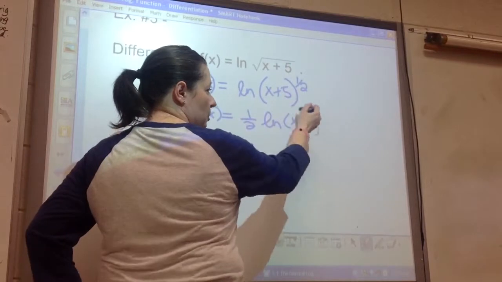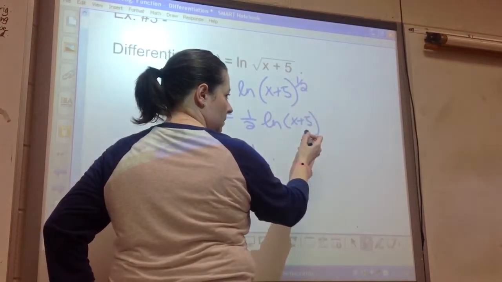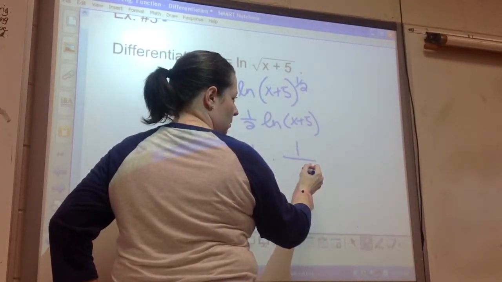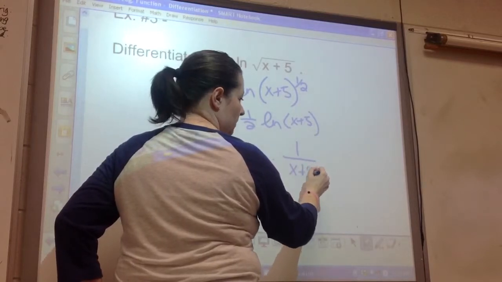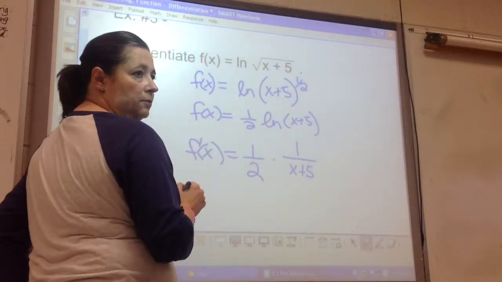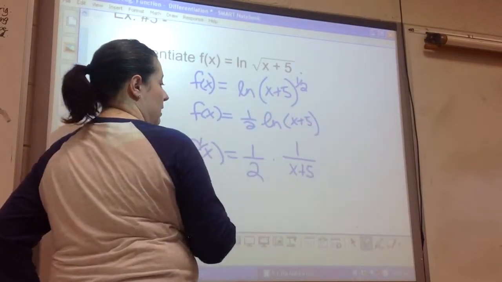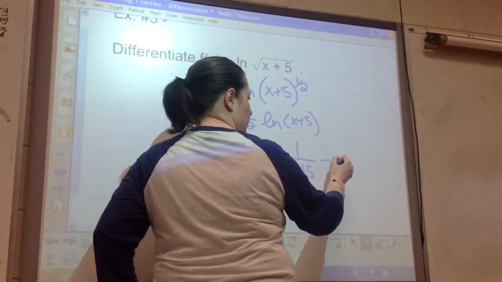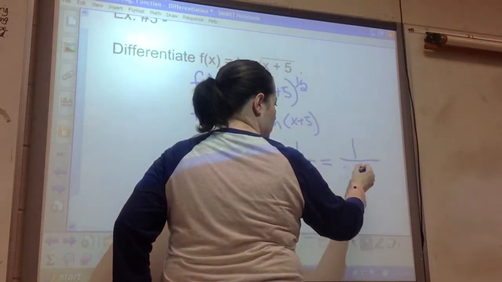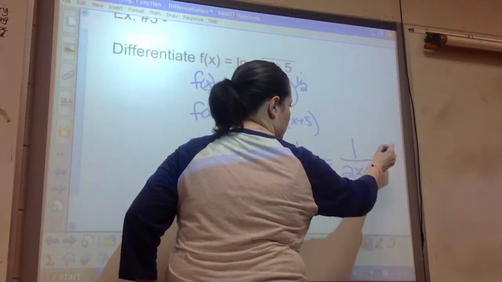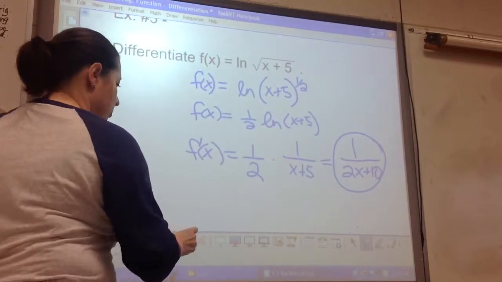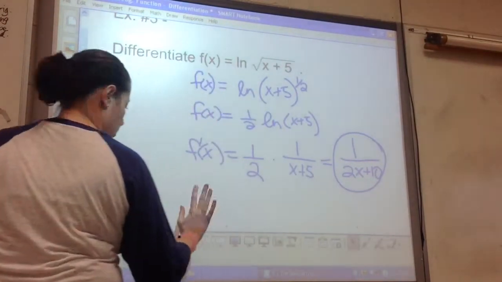So 1/2 times the derivative of this would be 1 over x plus 5. Yeah, derivative over that, okay. So that means this would be 1 over 2x plus 10.